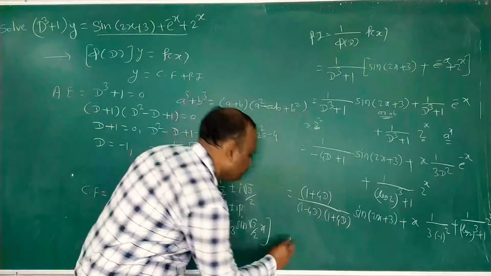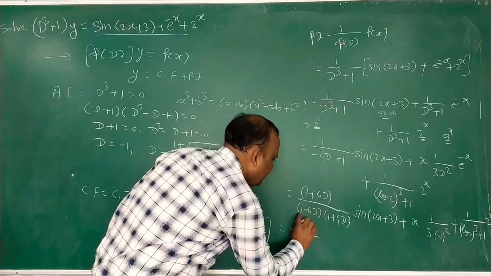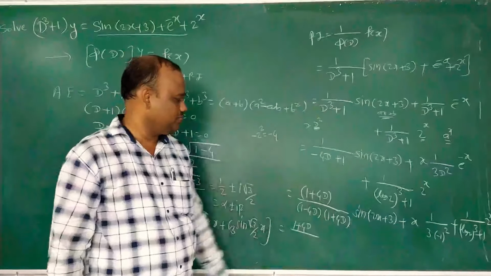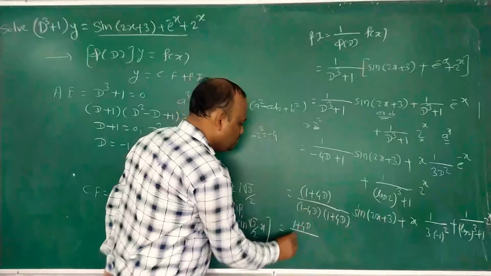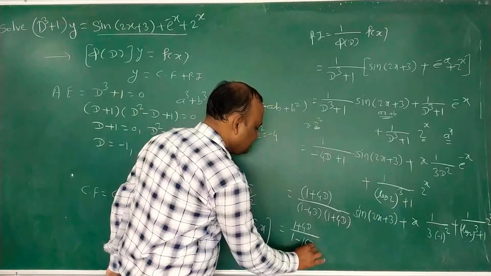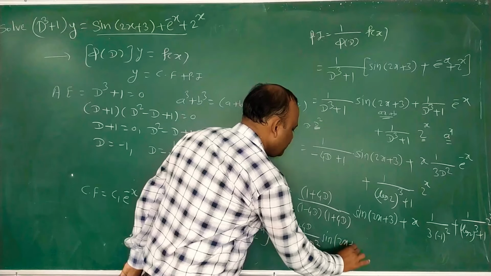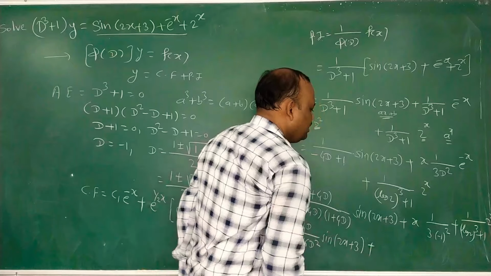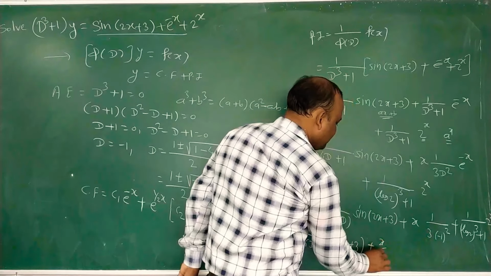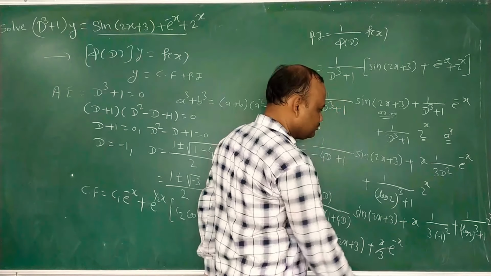This is equal to 1 plus 4D upon a minus b into a plus b formula. So a minus b into a plus b is a square minus b square. So this is 1 minus 1 square minus 4 square is 16D square, sine of 2x plus 3, plus minus 1 square is 1, x by 3 into e to the power minus x.